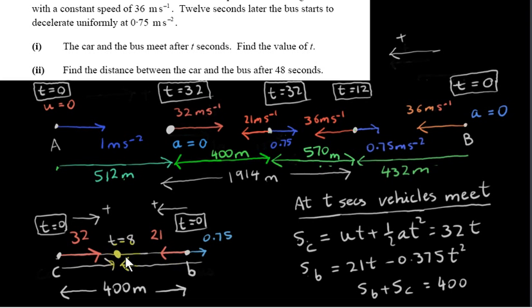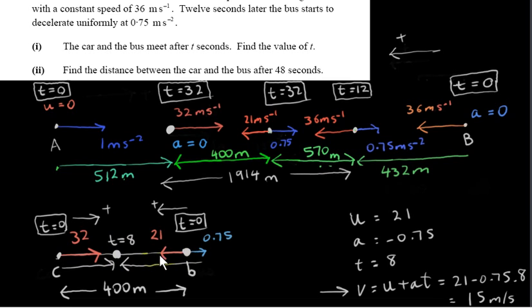We can get that from the first part. It took 8 seconds for the bus to go from here to the point where it collides with the car. And we have the initial speed and acceleration when the bus was travelling from here to here.